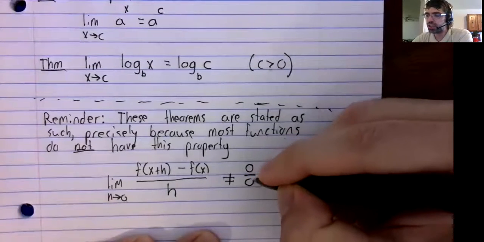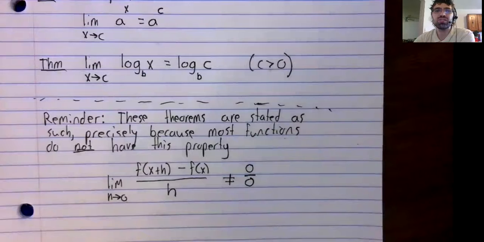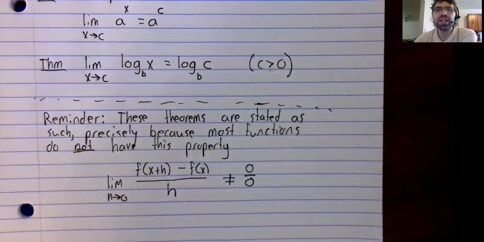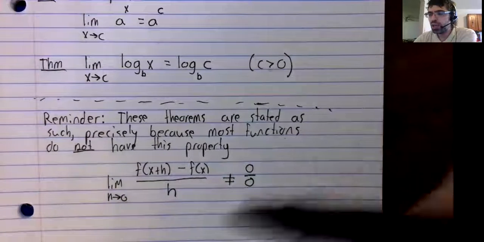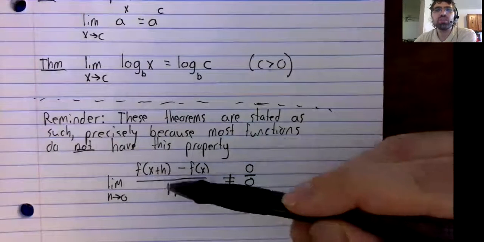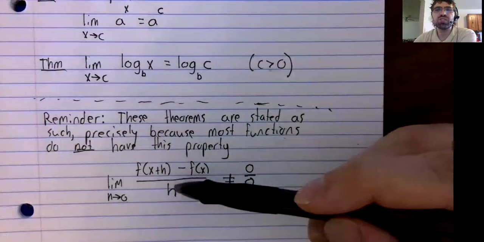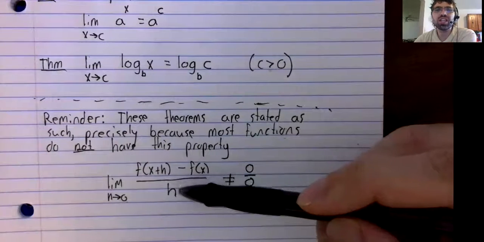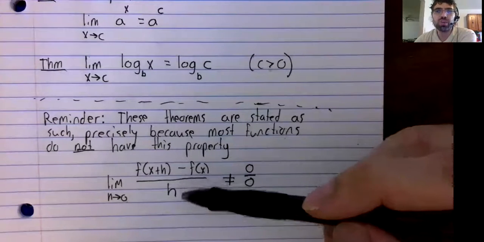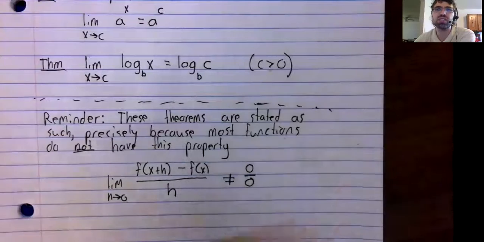You get a division by 0 error if you do that. So I guess how I would summarize this, a lot of functions do behave nicely, but the expressions whose limits we care about are precisely the ones that do not behave nicely.